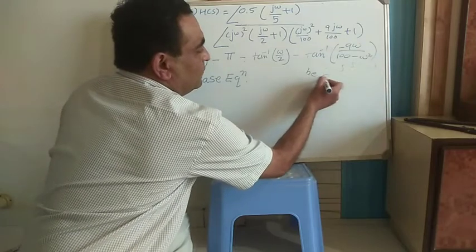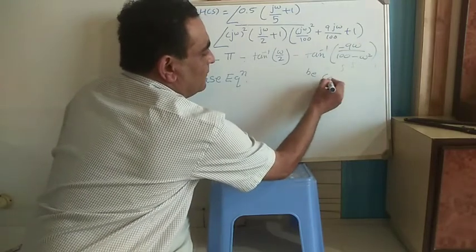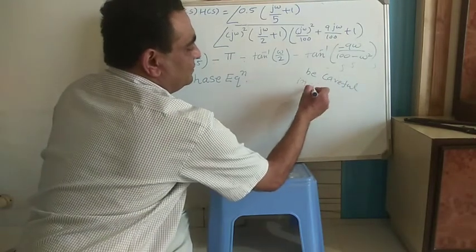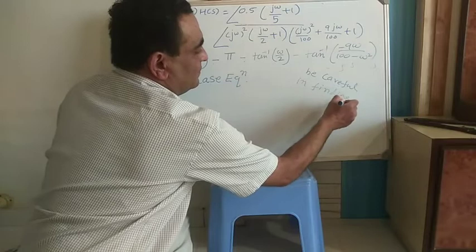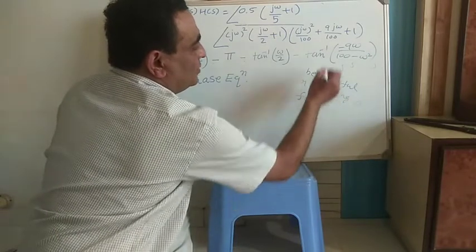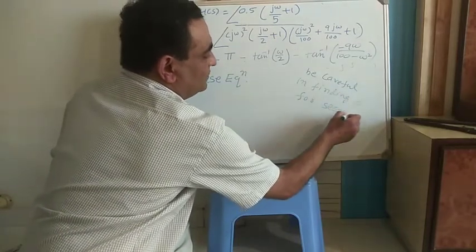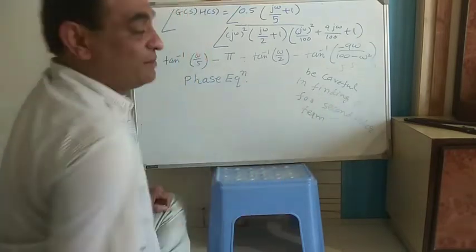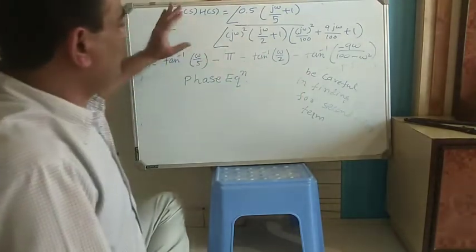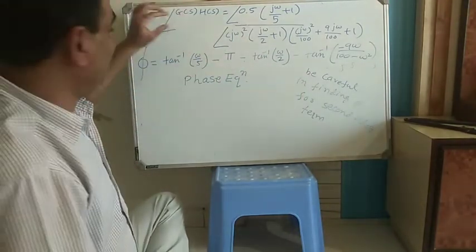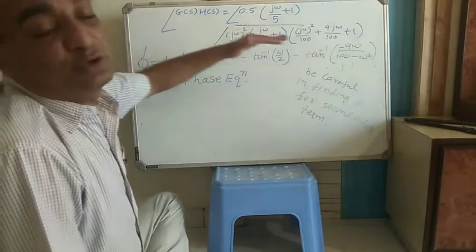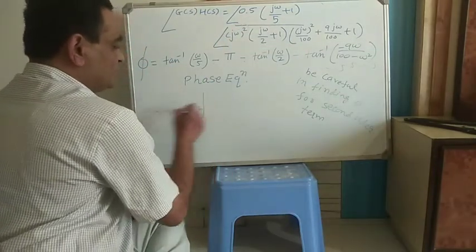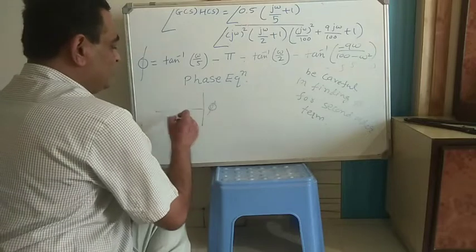Again, be careful in finding phi for the second order term. Why am I saying this? Because now I need to find the phase phi for different values of omega, because I need to plot phi versus omega.